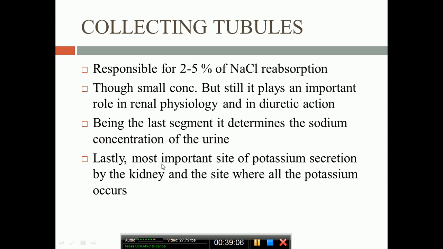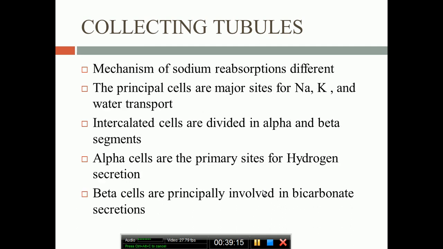Lastly, it is the most important site of potassium secretion by the kidney, and the site where all the potassium exchange occurs. So collecting tubules have a different mechanism of sodium reabsorption. There are two types of cells.